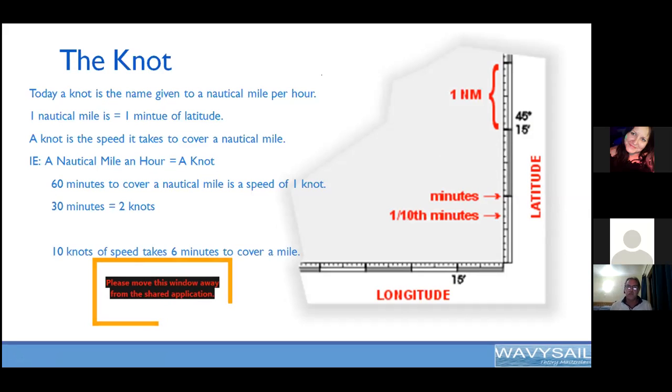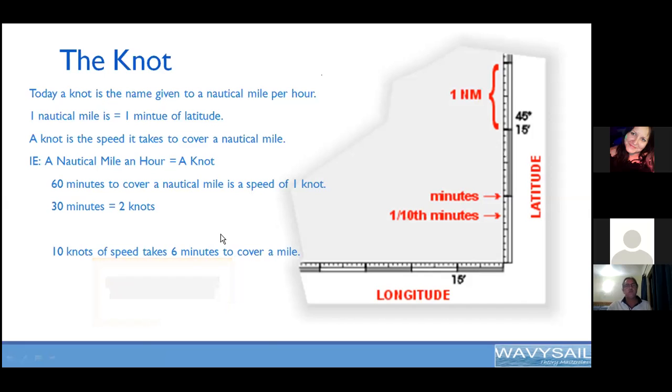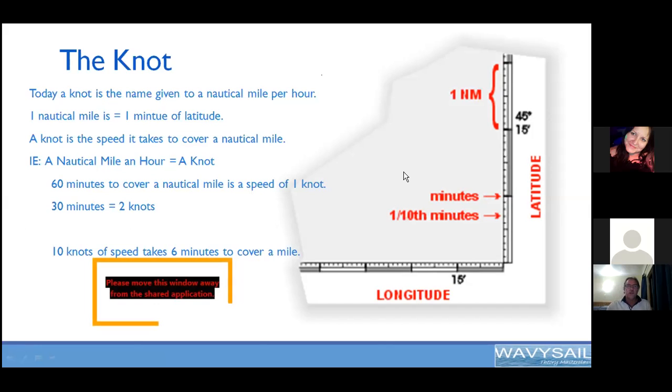Time distance calculations, very basic ones. But we refer to that as our speed in knots. So 10 knots, it's going to take us 6 minutes to do a nautical mile. Pretty basic time distance calculations. You can use the 10% rule if you want to do it that way.